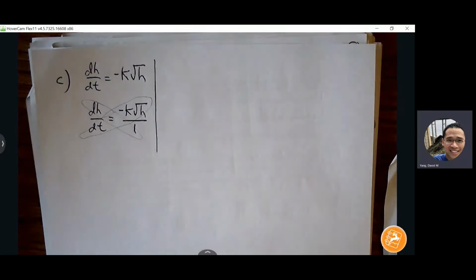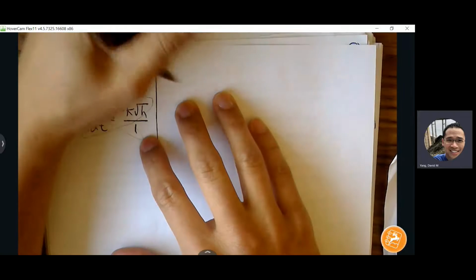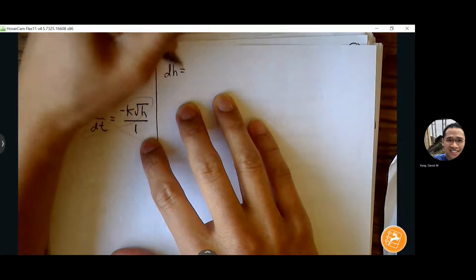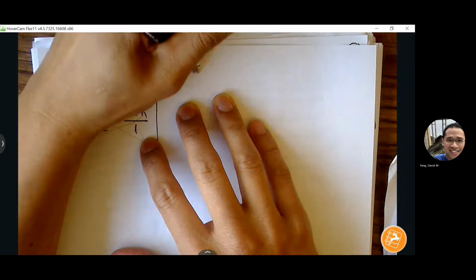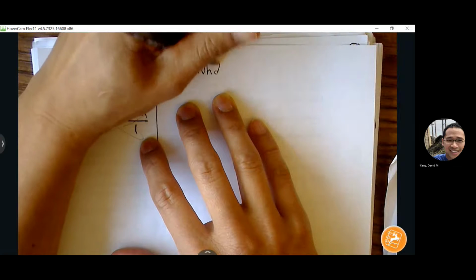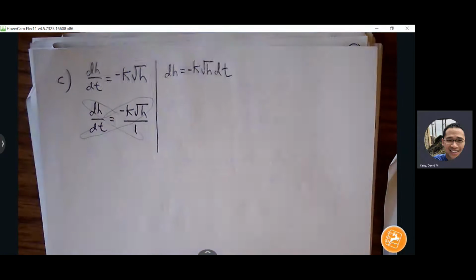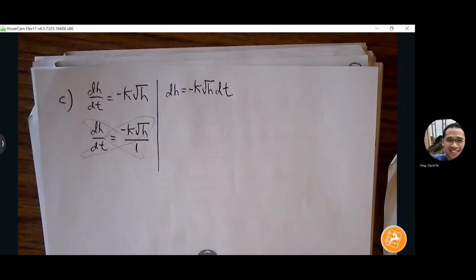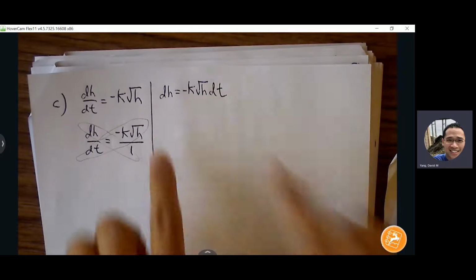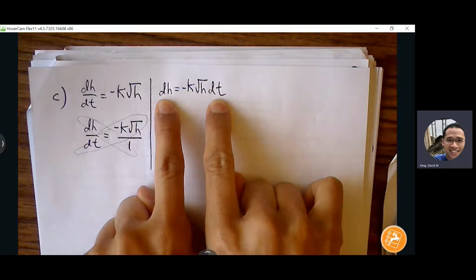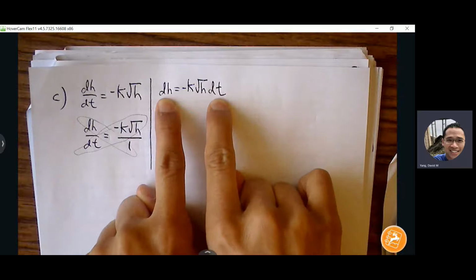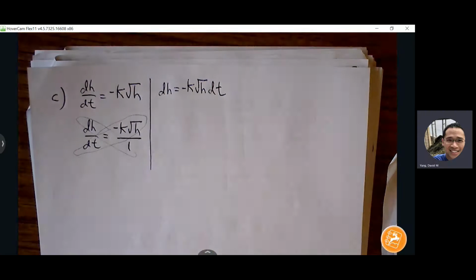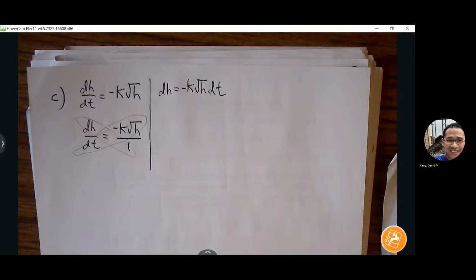I want my h's on the left and my t's on the right. Okay, so I like to do cross multiplying because I can at least get these two in their right places. And now I should decide, is there anything else that has to move? Is there anything else that's out of place?